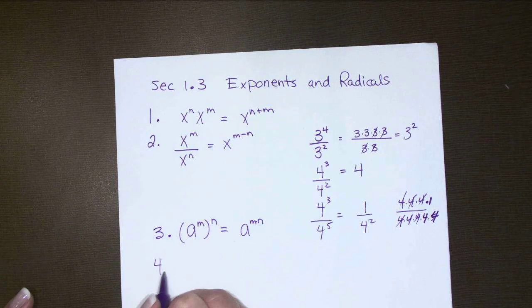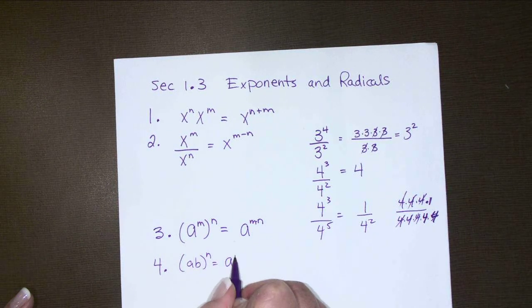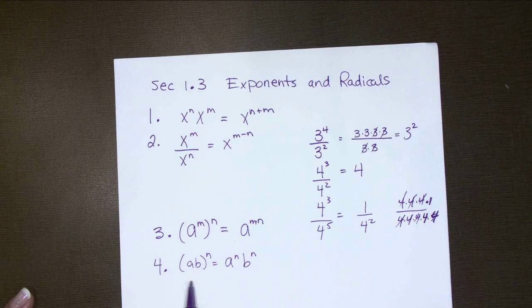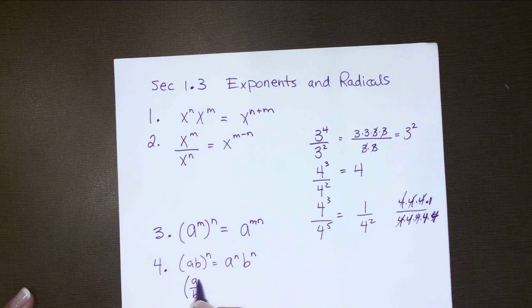And then 4, if you've got two numbers that are multiplied and the exponent is applied to both of them, so they're in a bracket, you can apply the exponent to each piece individually, and the same goes for division.